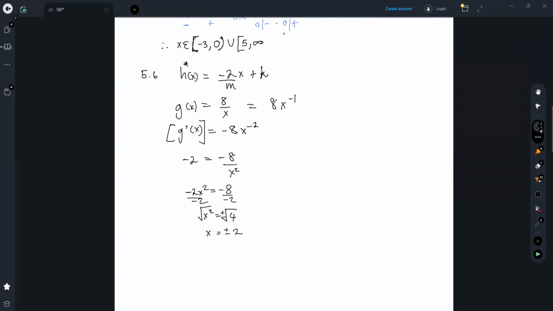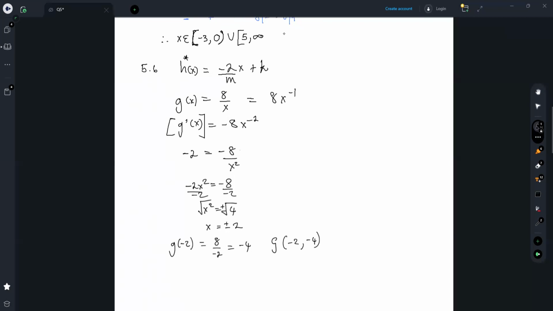So going back down there, if I substitute x equals negative 2, this is 8 over negative 2. This gives me a negative 4. So the point that I labeled as g would be negative 2 and negative 4, right?